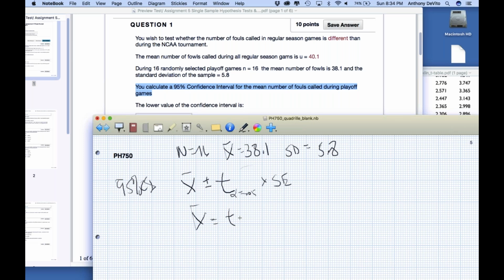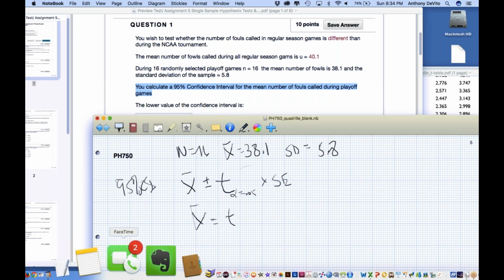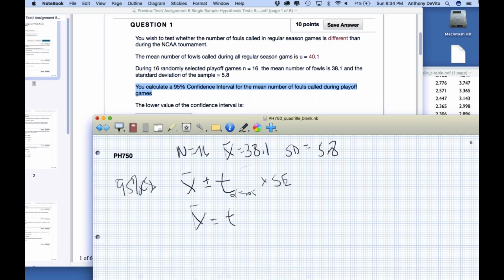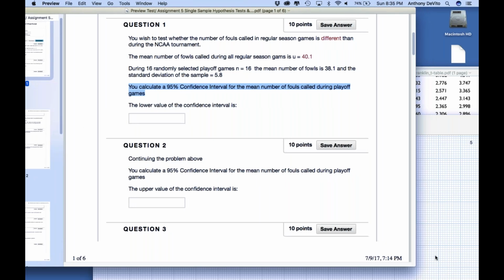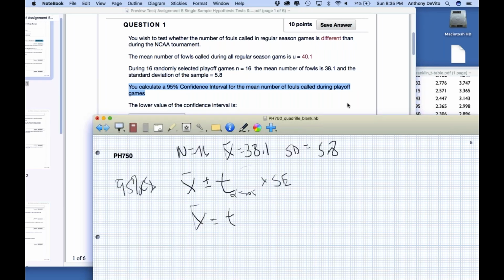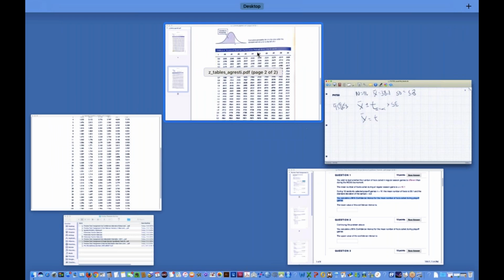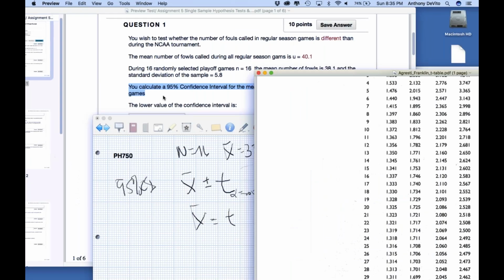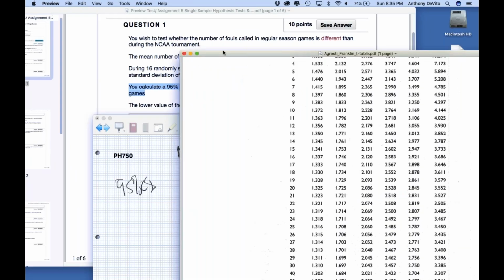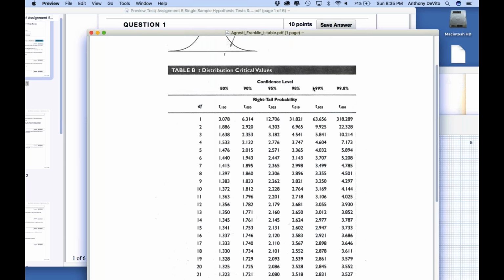Now, t for a sample size of 16, or 15 degrees of freedom, my t critical is going to be 2.131.